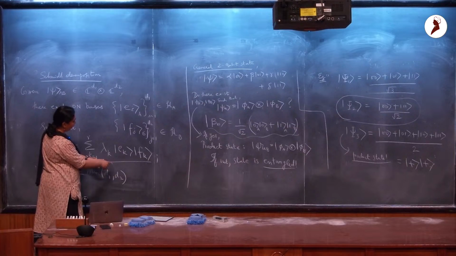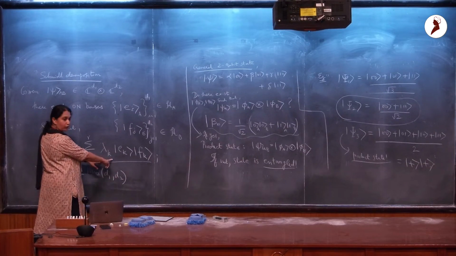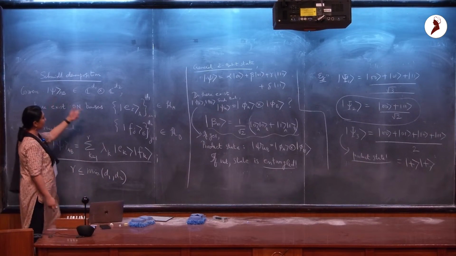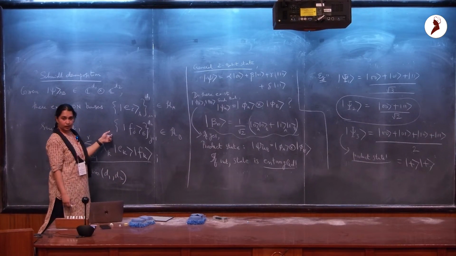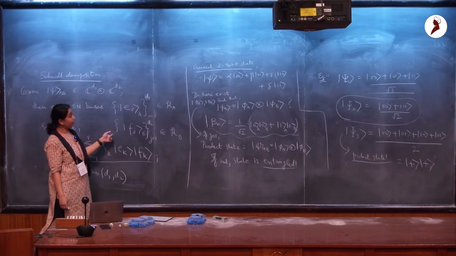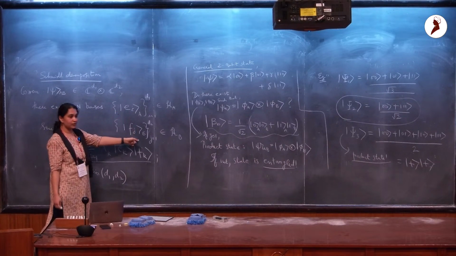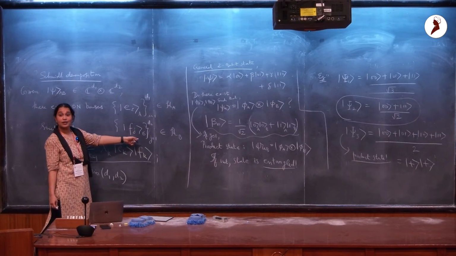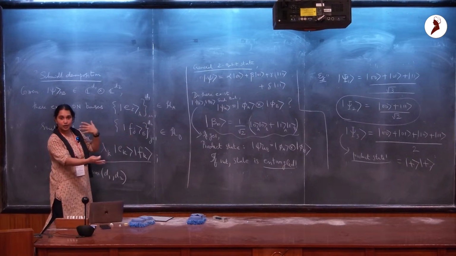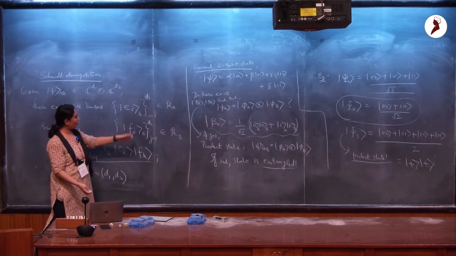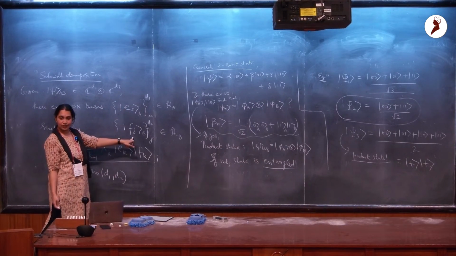Now, what is so different about this way of writing down the state? Normally, when I expand this in these bases, how many terms will I have? This is a D1 dimensional space, this is a D2 dimensional space. I will have D1 times D2 terms. So I have all possible cross terms between these bases, right?